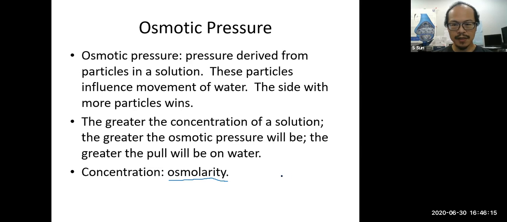We can quantify the concentration as, for example, gram per deciliter. For example, we can say how many grams of salt in the deciliter. A deciliter is equal to 100 milliliters, so that's gram per 100 milliliter.